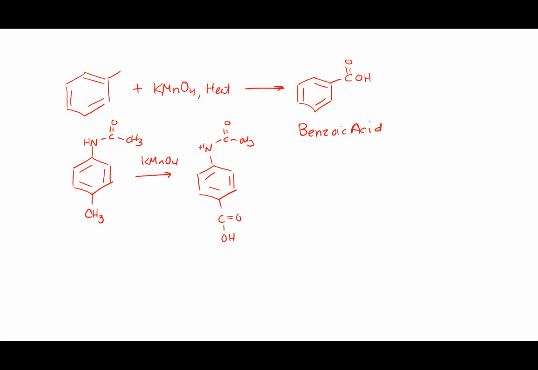And that's what we use the purple KMnO4 with, and then KMnO4 gets turned into MnO2, which is manganese dioxide, which is the brown precipitate, which I believe you have to filter through the Celite plug to remove it. And then make sure there's no more purple color left. So that's what you were doing this week.